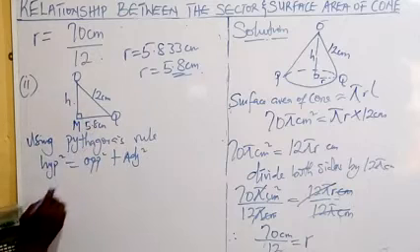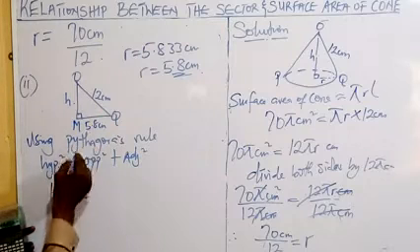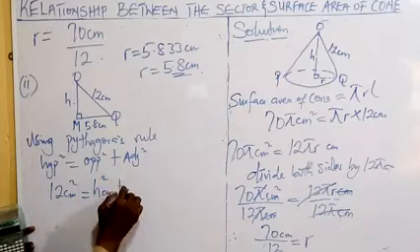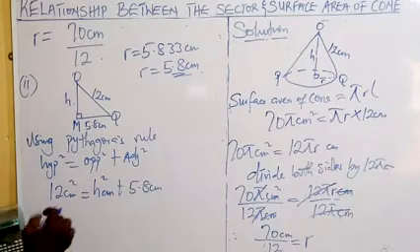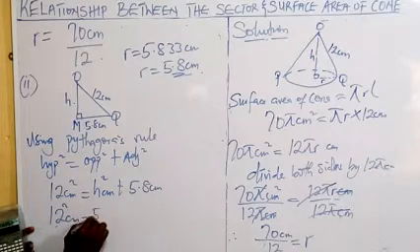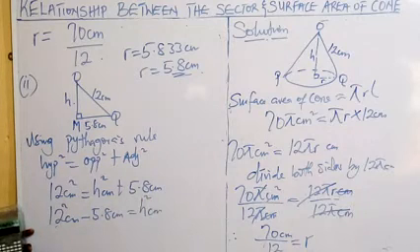The longest side, which is the hypotenuse, you can say 12 centimeter squared equals the height we're looking for, h squared, plus 5.8 centimeter squared. Therefore, we have 12 centimeter squared minus 5.8 centimeter squared equals h squared.